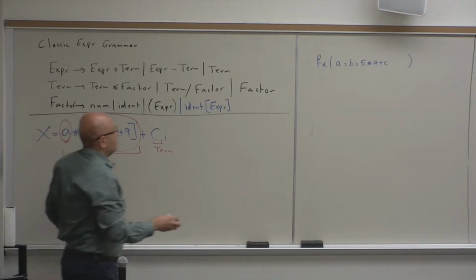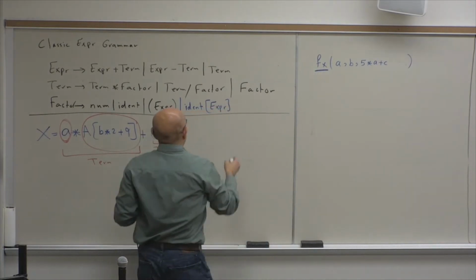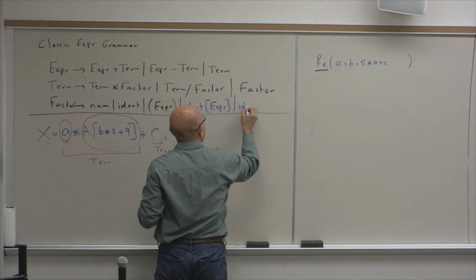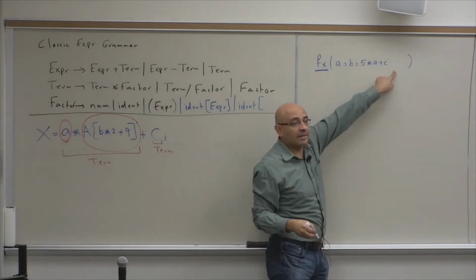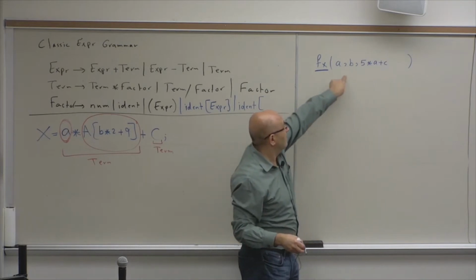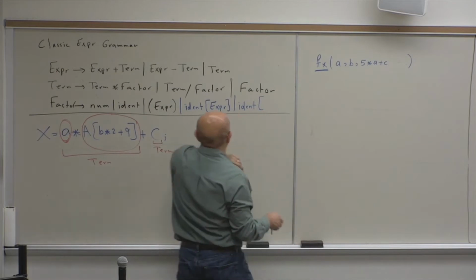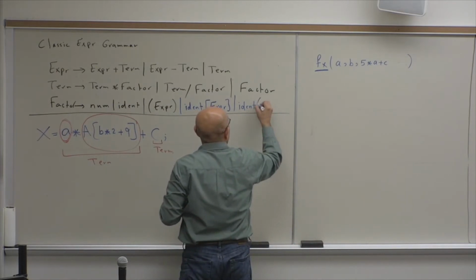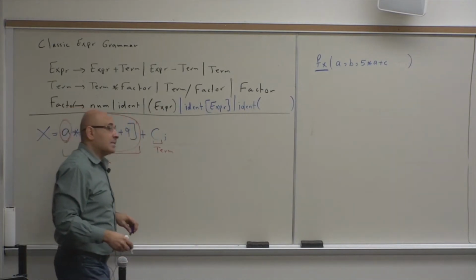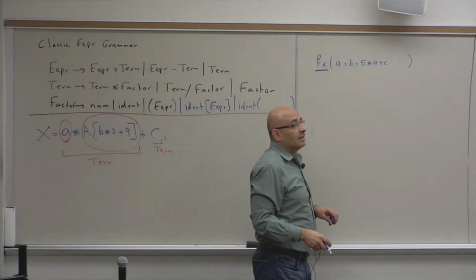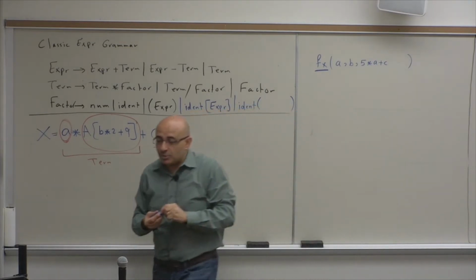So what's this? This is an identifier. And what's this? Okay, so I can see the parentheses. So identifier, and I see the parentheses. But what's inside? Comma-separated expressions. Yeah, exactly. So each one of these is an expression.